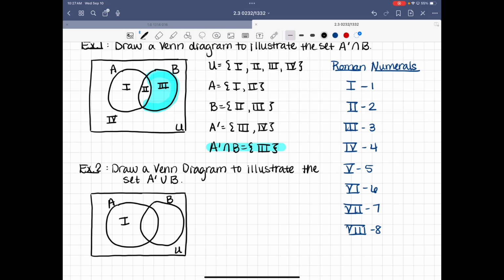I'm going to label my regions 1, 2, 3. And then, of course, the part that's not in A or B is region 4. Looks just like the other one we drew. You can draw the same thing again. All the information's the same. U is still 1, 2, 3, 4, right? A is 1, 2, B's 2, 3, just like it was before.